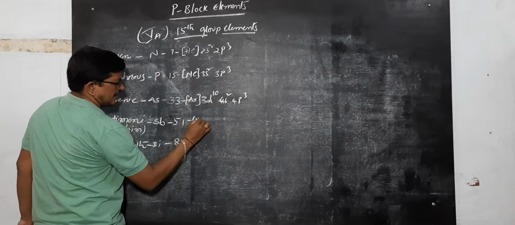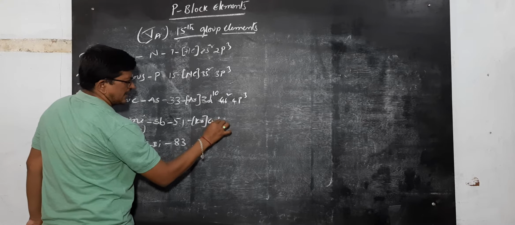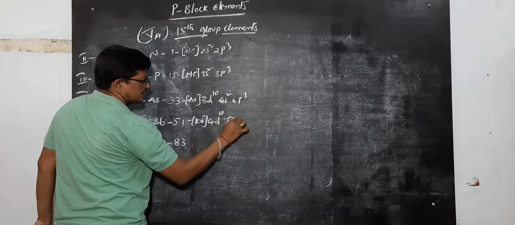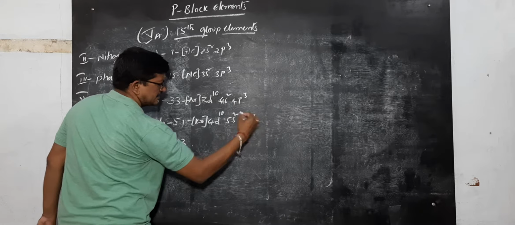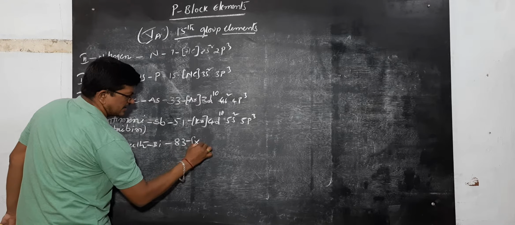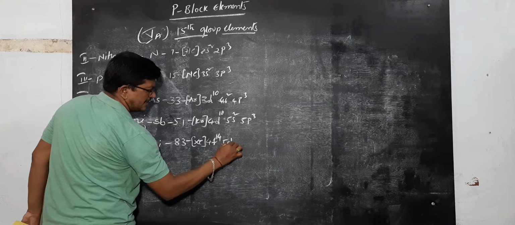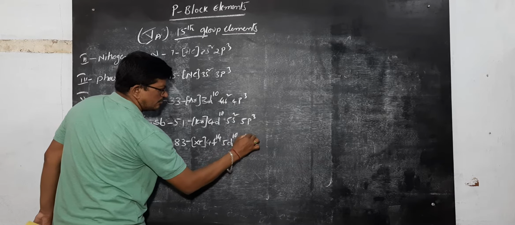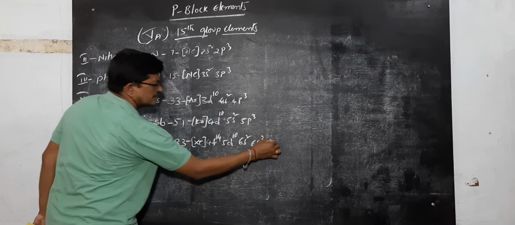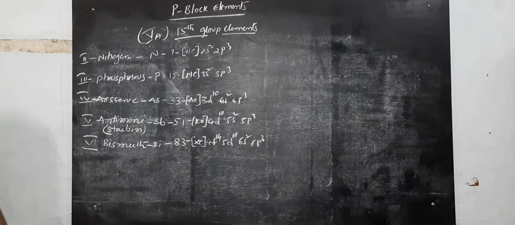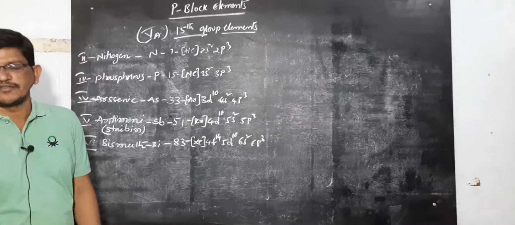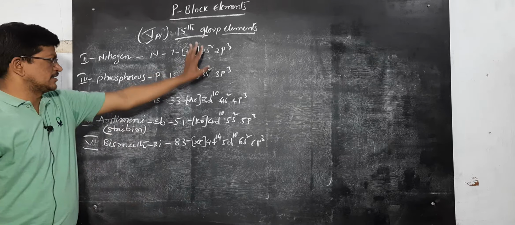Here krypton 4d10 5s2 5p3. Here xenon 4f14 5d10 6s2 6p3. So this is the electronic configuration of our 15th group elements.